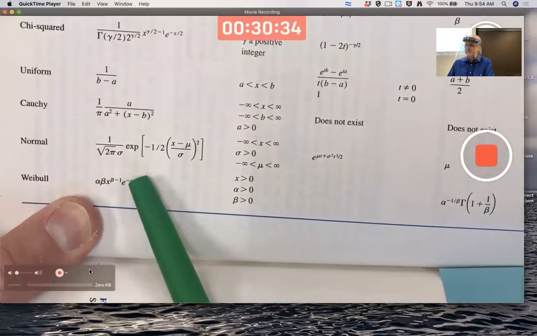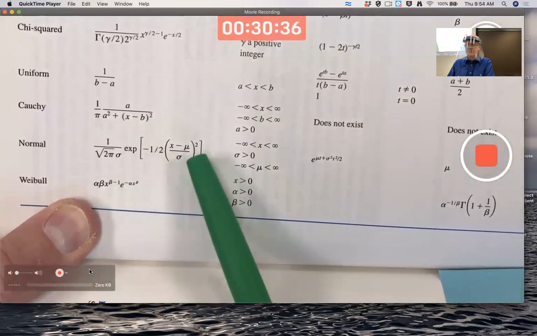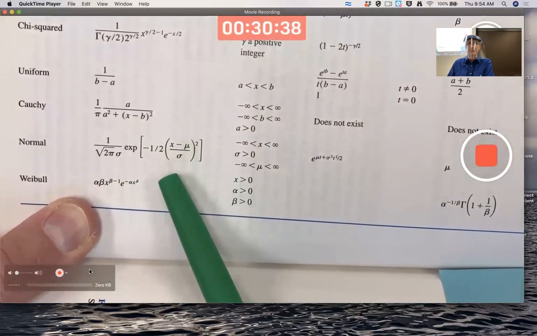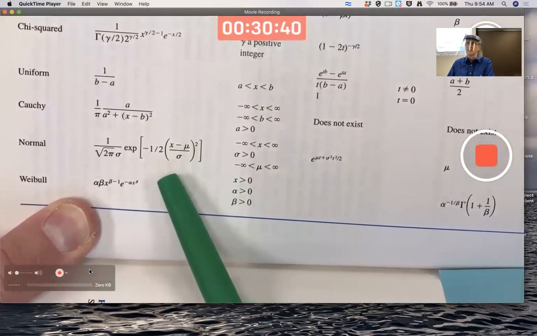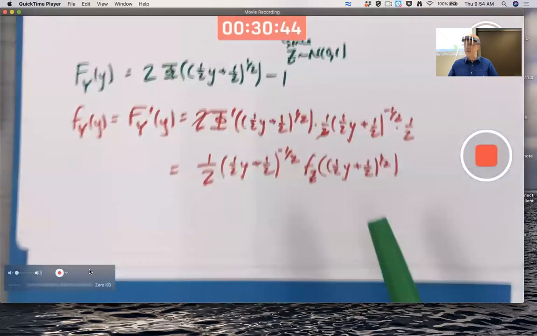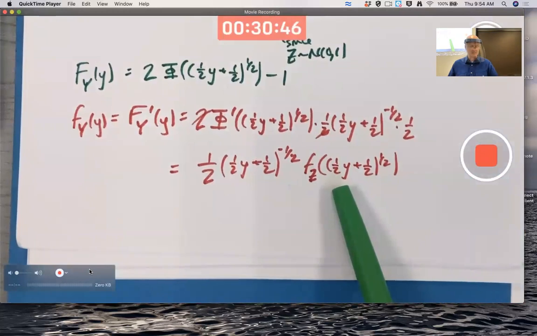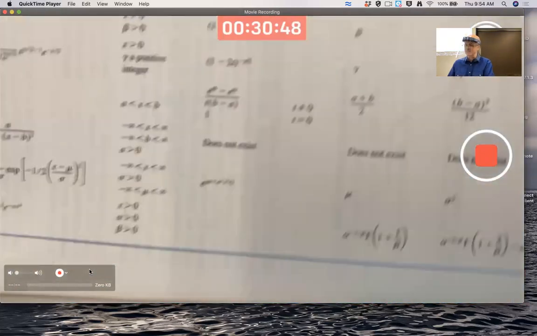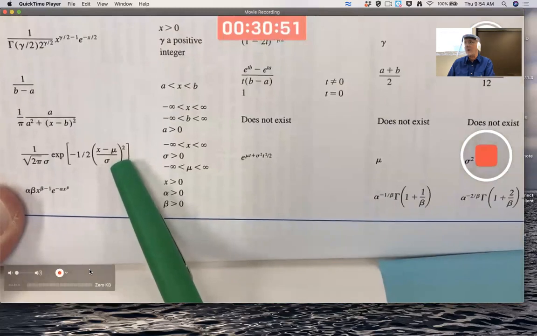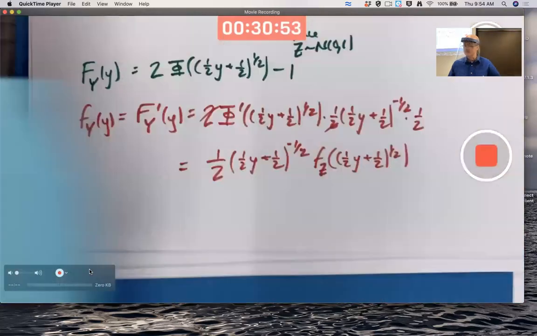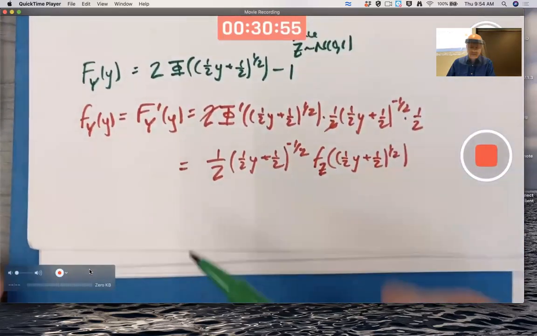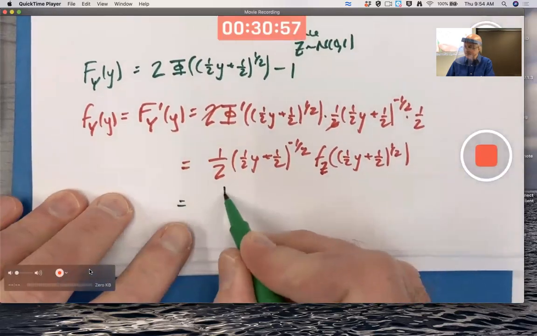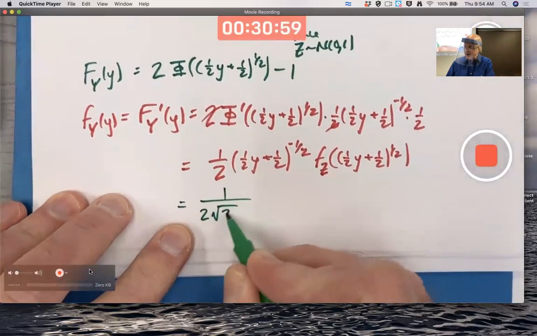So I got to replace X. Well, I'm replacing mu with 0 and sigma with 1, which makes it simpler. I replace X with that square root. And I'm going to end up squaring it, so the square root's going to go away. There's also a square root of 2 pi down here.